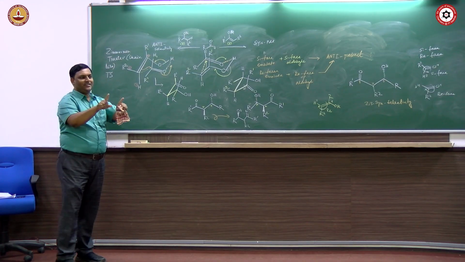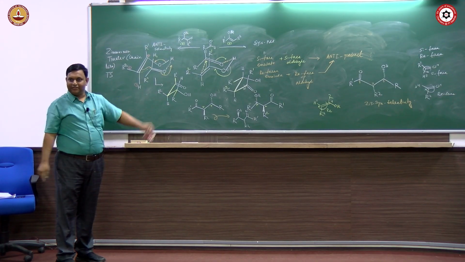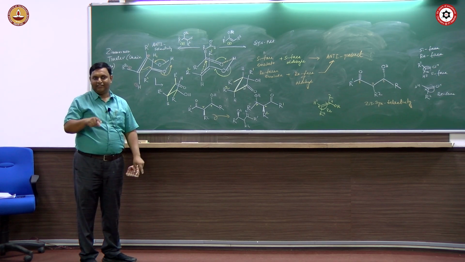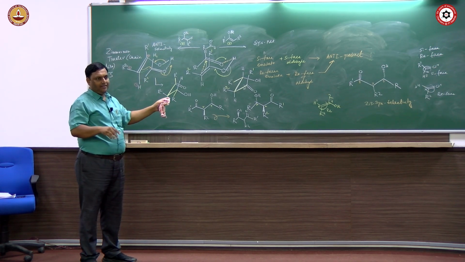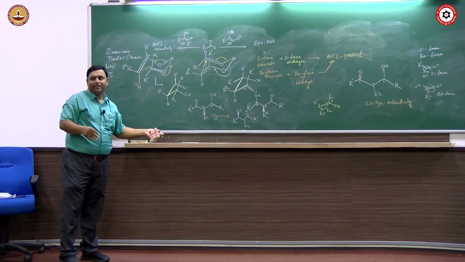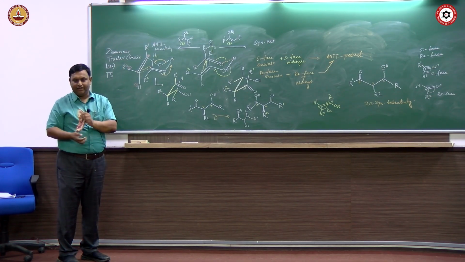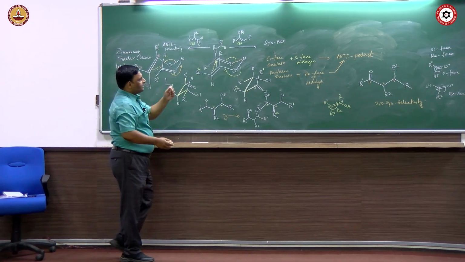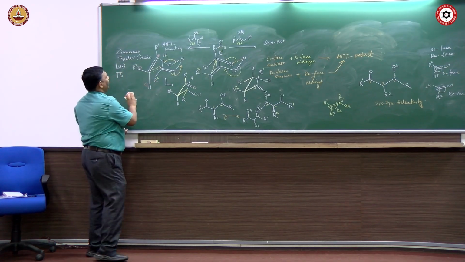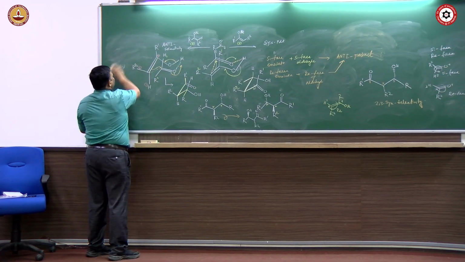The same combination of the phase happens, it gives the anti product. That means the other combination, the re-phase of the aldehyde and the C-phase of the enolate, or the C-phase of the enolate and the re-phase of the aldehyde, will give the syn product. So, I have erased that, but I can figure it out from that.